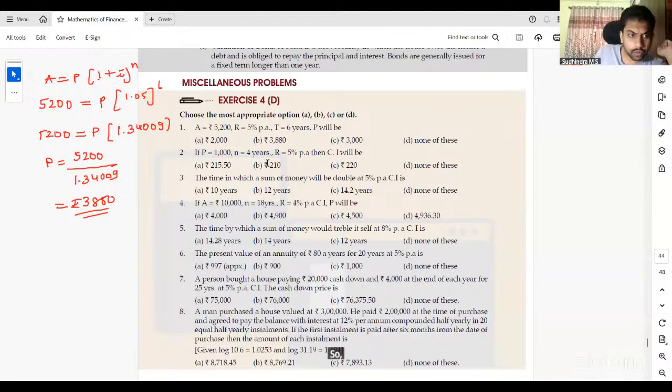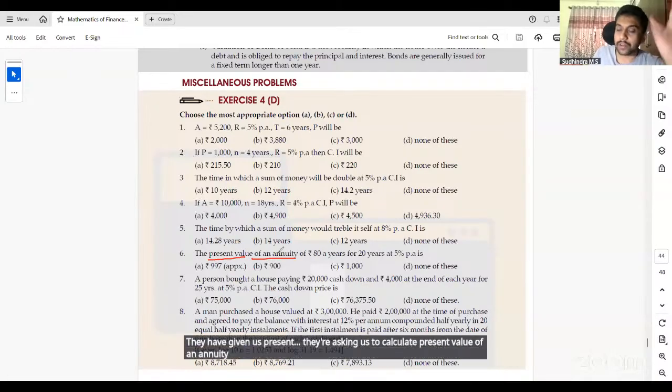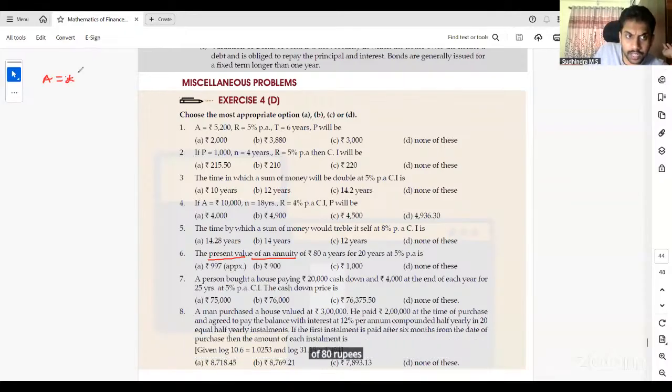So, they are asking us to calculate the present value of an annuity. Present value of annuity, regular, of 80 rupees. So, annuity amount is 80, for 20 years, N is 20 at 5% per annum. Simple.